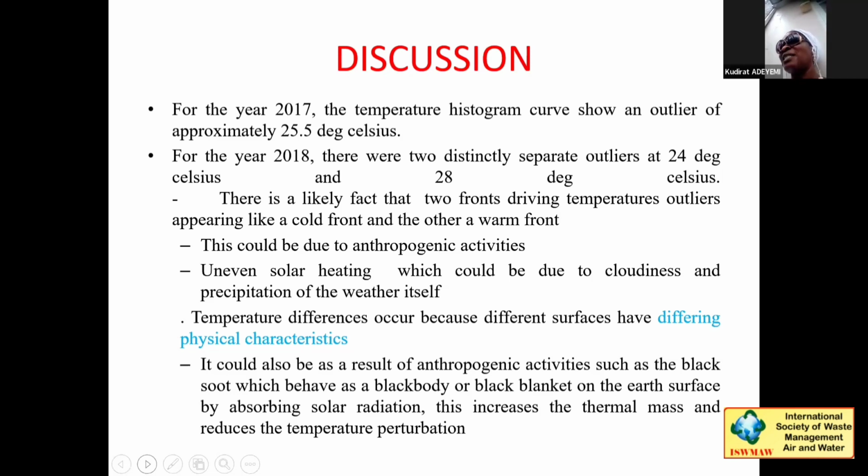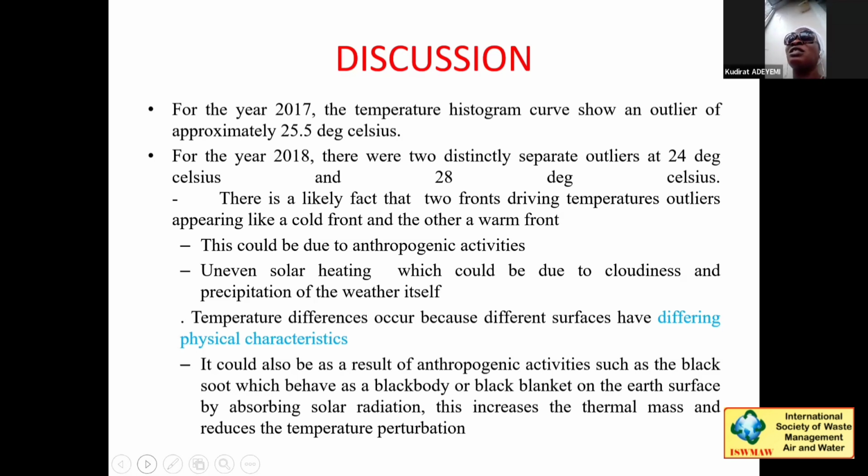Having seen this, let us go to one of the characteristics of fronts, which says that when you have temperatures that are distinctly separated within a relatively short distance, then there is possibility that those temperatures are fronts.